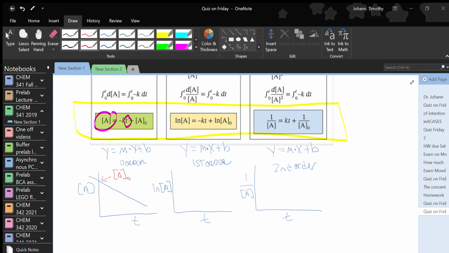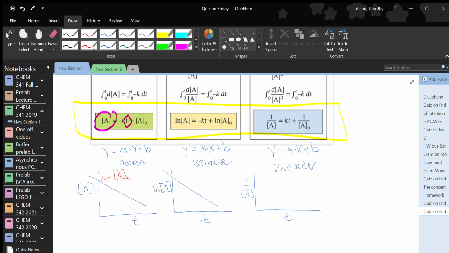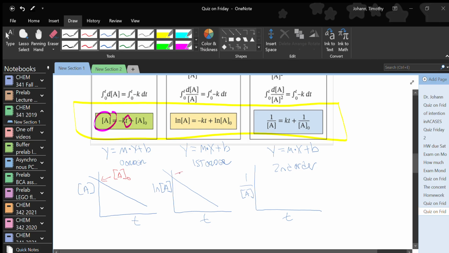First order. What's that line going to look like? It's straight with a negative slope again. So we go like that. And what is the value of the intercept going to be? The natural logarithm of A naught.